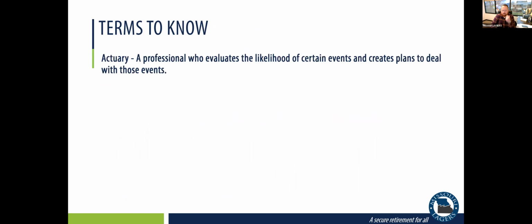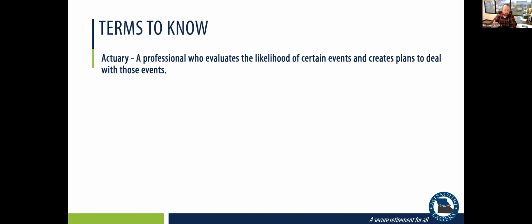So, some terms to know. First, let's talk about an actuary. An actuary, not Jeff, is a professional who evaluates the likelihood of certain events and creates plans to deal with those events. In other words, an actuary is dealing with the probability of, say, retirement, pay increase, turnover, investment markets, cost of living adjustments.